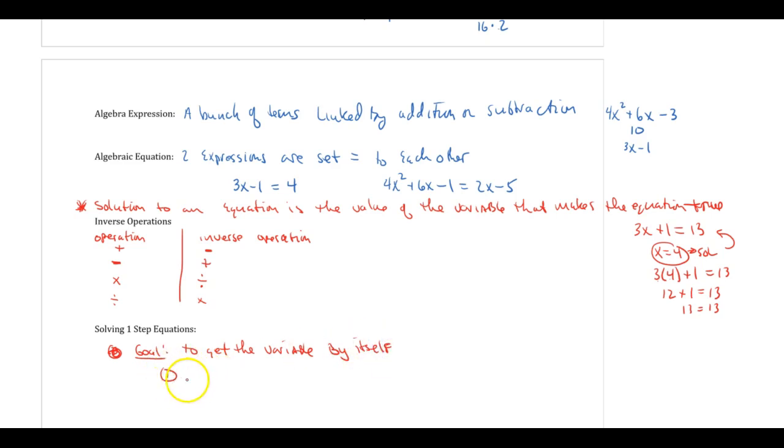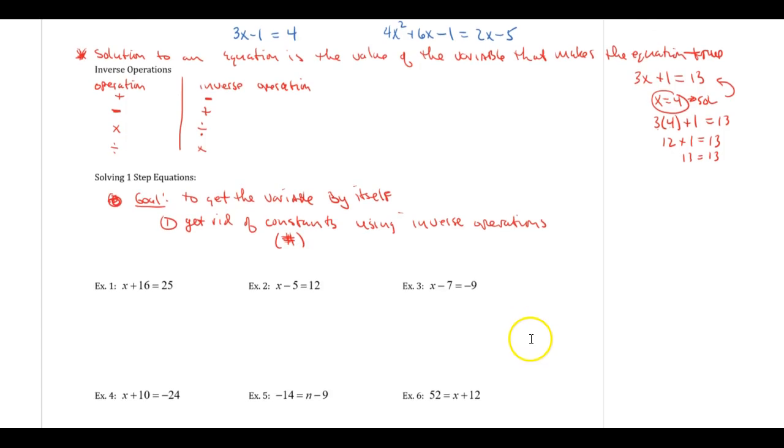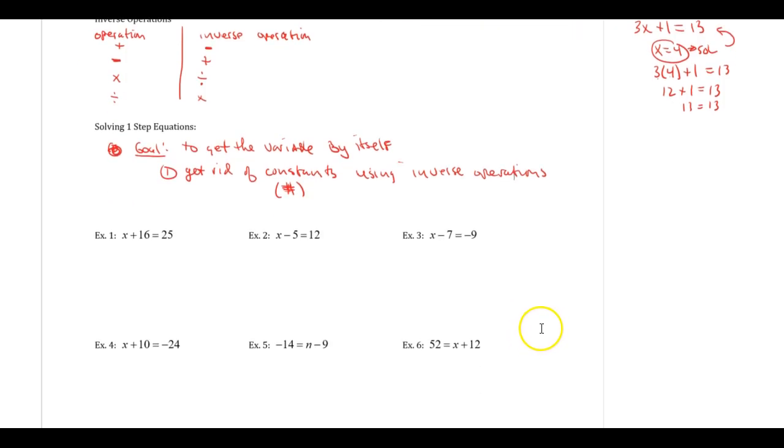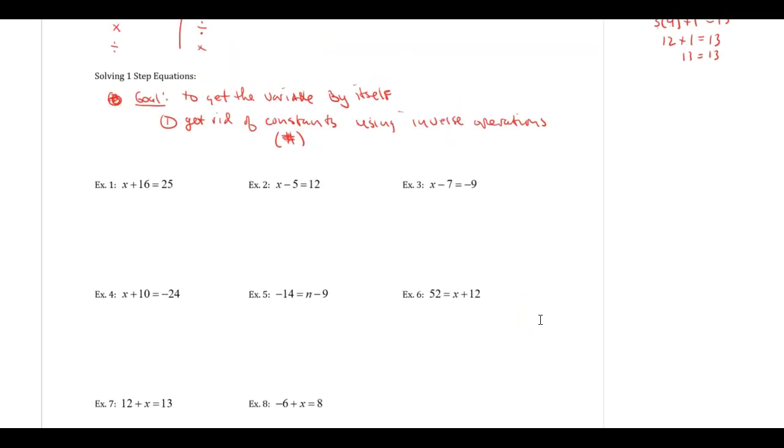And basically to do this, we get rid of constants, meaning just numbers, the terms with no variables linked to it, right? Using inverse operations. Okay? So today is very easy, and we're going to go through a ton of examples, and I'm going to go through them fast so that you can always pause and rewind if you need to.